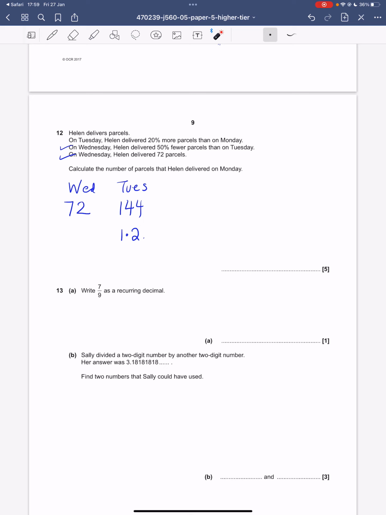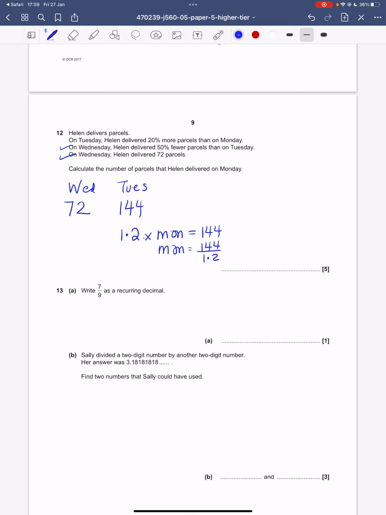So 1.2, because 1 is everything that you've got already, and the 0.2 is the 20%. So the 20% more comes from being 0.2. So 1.2 times the Monday total is 144. So the Monday total is 144 divided by 1.2.